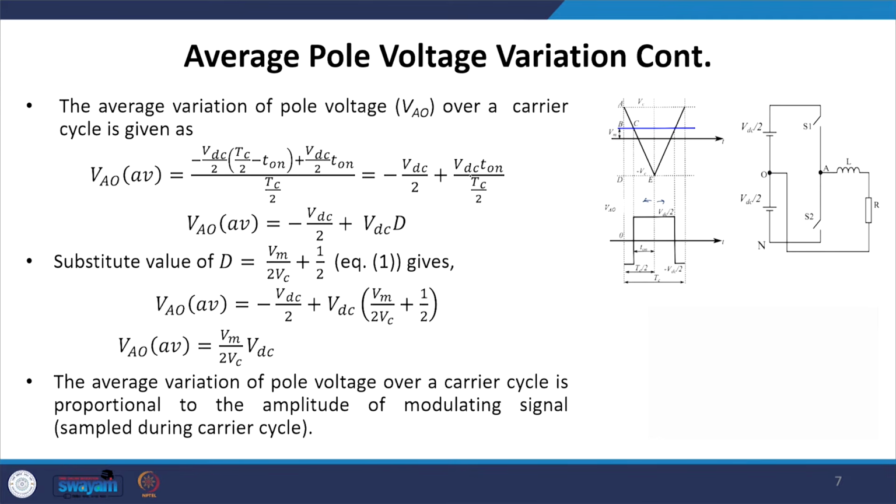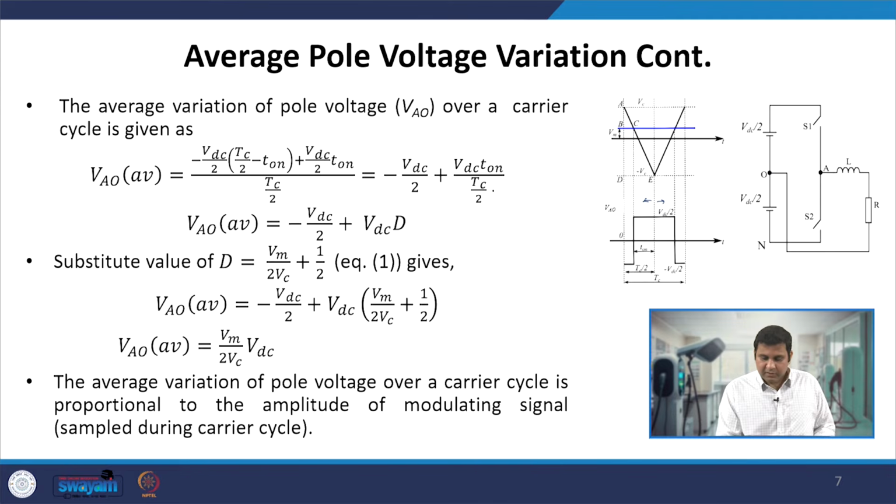So, when we do this particular term, it will get reduced to minus VDC by 2 plus VDC times T on by Tc by 2, and then when we rearrange it, it will become minus VDC by 2 plus VDC times D value. Now, how can we say D?